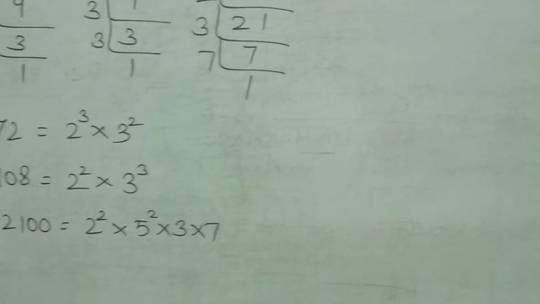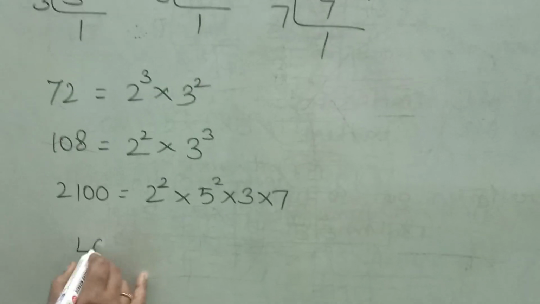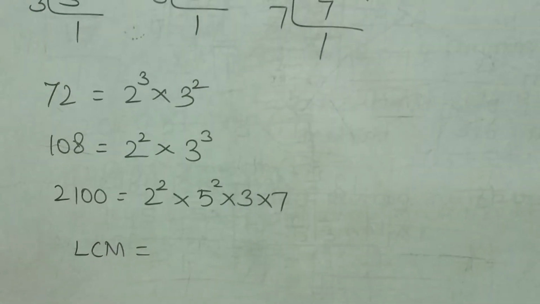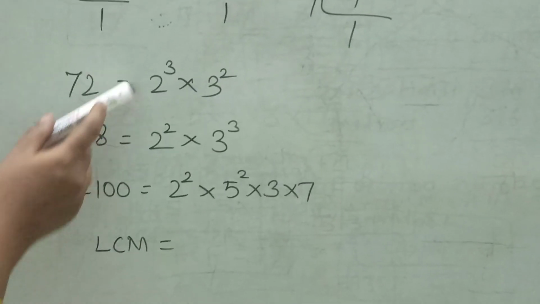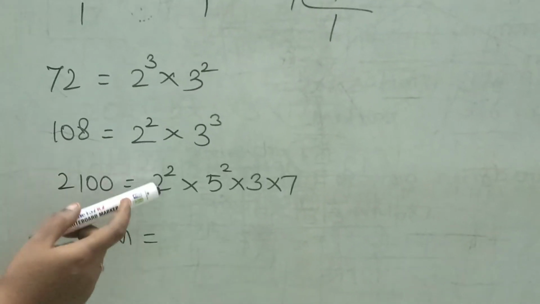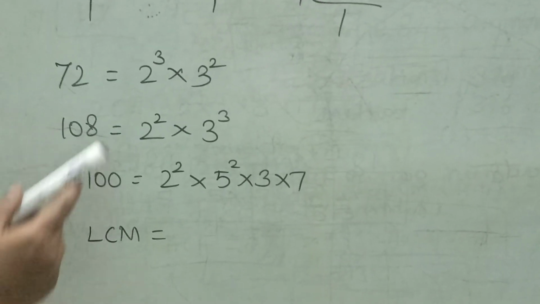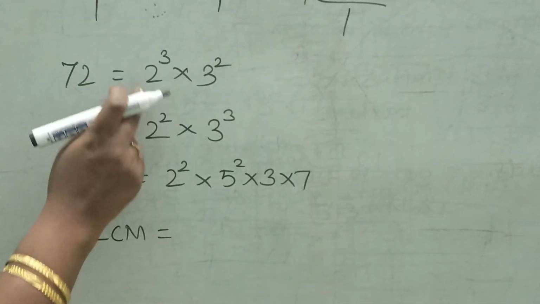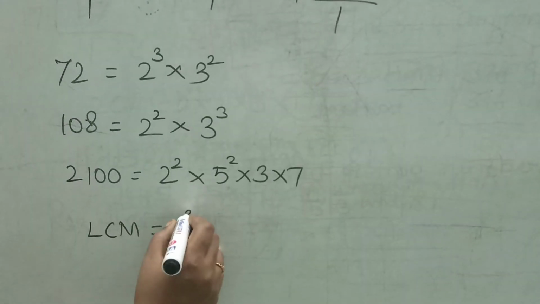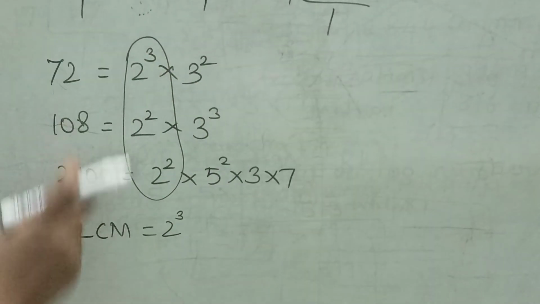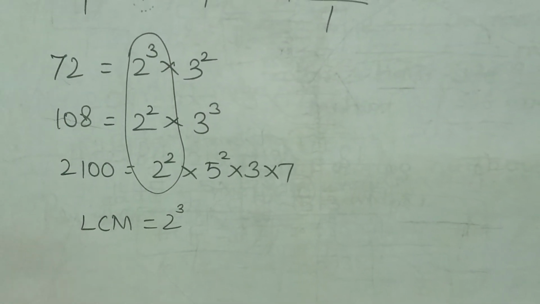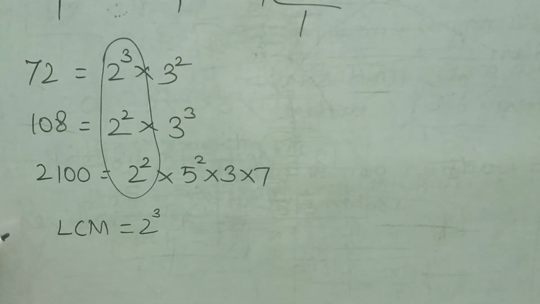We are going to find the LCM. LCM is nothing but the least common multiple. Here look at the 3 factors, 2 cube, 2 square, 2 square. The highest power of 2 is 2 cube, therefore 2 cube is one of the LCM factors.